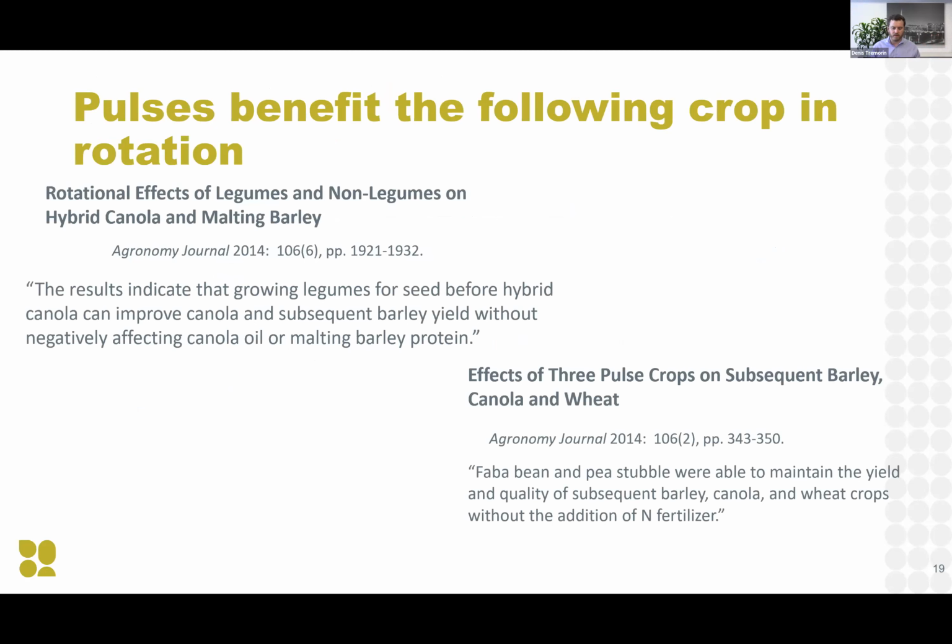They've even found evidence that there are yield benefits not just the year after a pulse crop, but also 2 years after a pulse crop. This is particularly good for wheat, where, especially for hard red spring, you see not only a yield increase but also a boost in protein content, which can drive a premium.